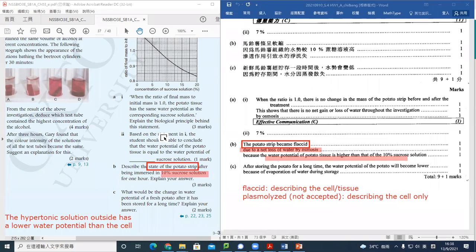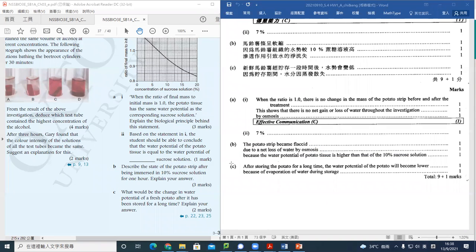So what would be the change in water potential of a fresh potato? Part C now. What's the problem? After storing it for a long time, why do we need a fresh potato for experiments? If it's not fresh, what happened?